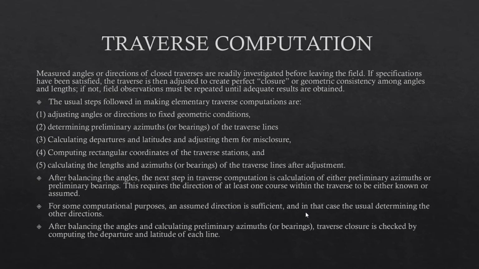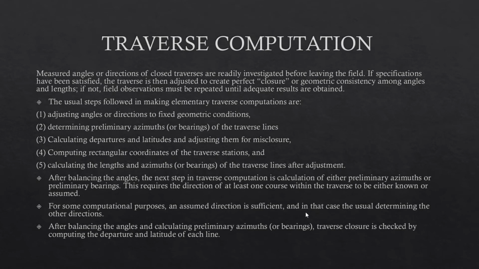If not, field observation must be repeated until adequate results are obtained. Okay. So the usual steps followed in making elementary traverse computations are: first, adjusting angles or direction to fix geometric conditions.